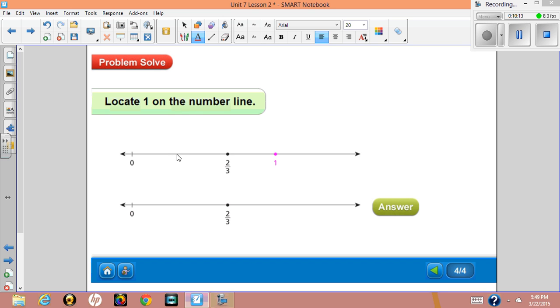Here we have, if we were to draw, we would put, right here, we would put the number, this would be identified as 1/3, and this here would be, if we were identifying it, would be 3 parts of 3, which is 1 whole. Can you see how to locate the 1, we would simply divide and add 1 more part? I'd like you to try this on a number line on your paper.